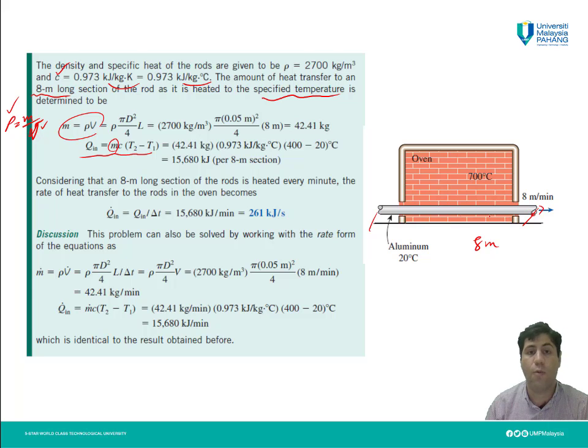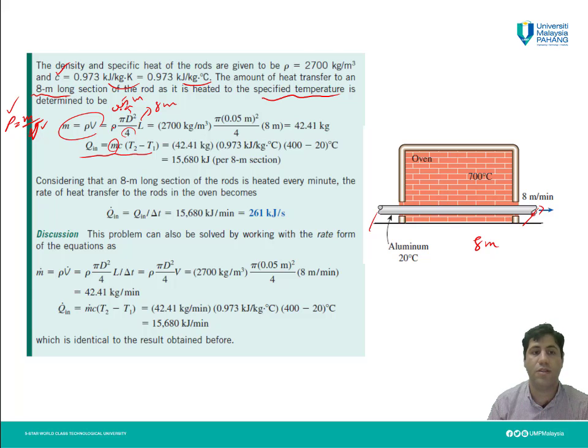Then we can find the volume of the rod, which is pi d squared divided by 4 times L. L is 8 meters, d is 5 centimeters or 0.05 meter, and pi is 3.14.